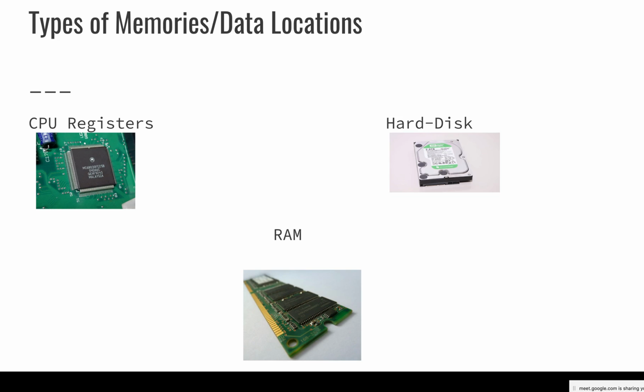It's volatile but primary memory, which comes just after CPU registers. The third kind of storage in current-generation computing systems is the hard disk, or permanent storage.